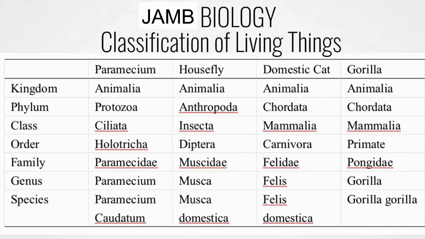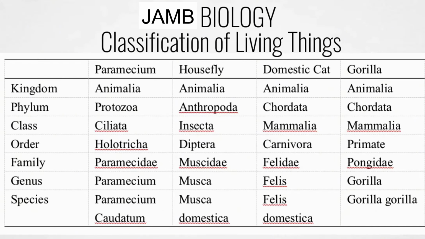Whereas for the order, paramecium belongs to the order Holotricha. Housefly belongs to the order Diptera. Domestic cat belongs to the order Carnivora, and gorilla belongs to the order Primates.